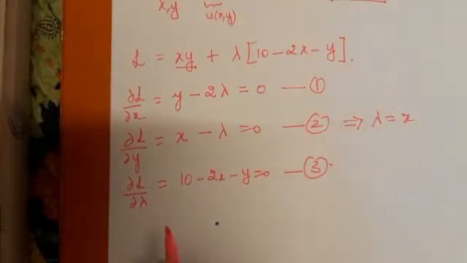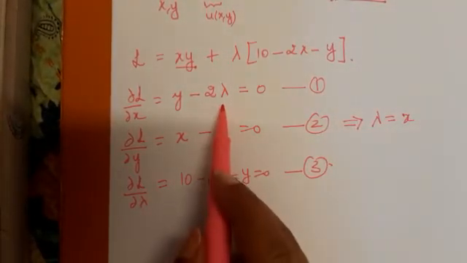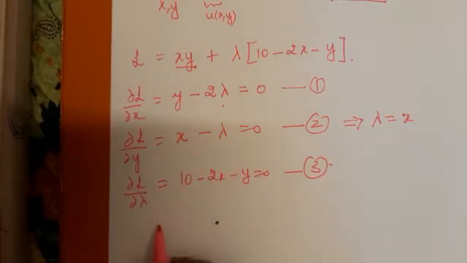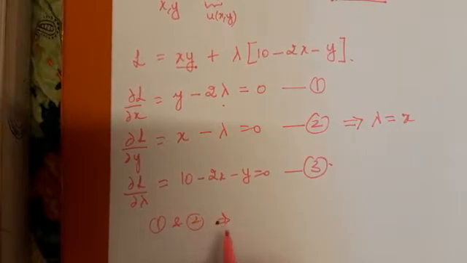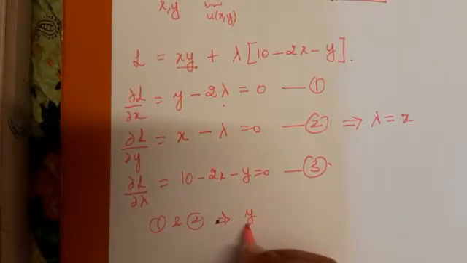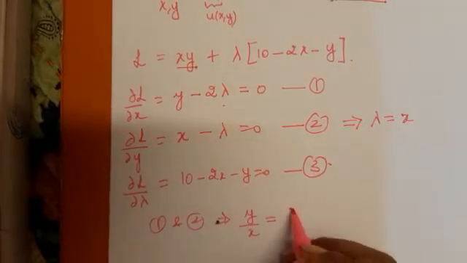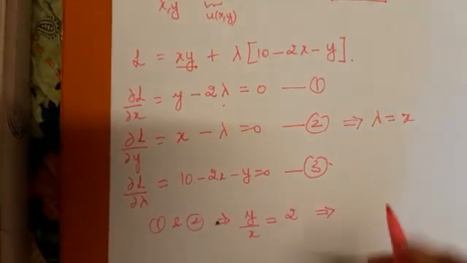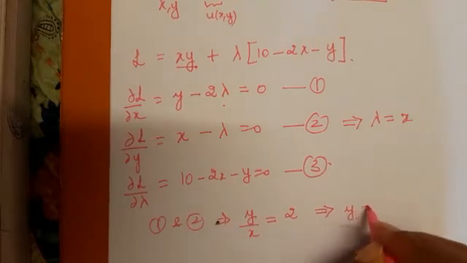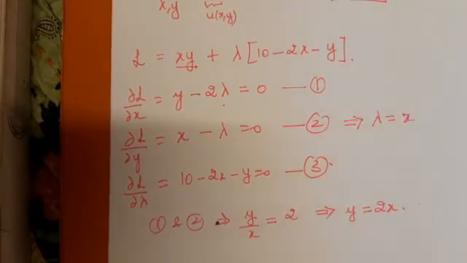Also, if I do the standard procedure of taking the ratio of equations 1 and 2, I'm going to get the result that y by x has to be equal to 2 lambda divided by lambda, which is nothing but 2. So it must be the case that in equilibrium y has to be equal to 2x.